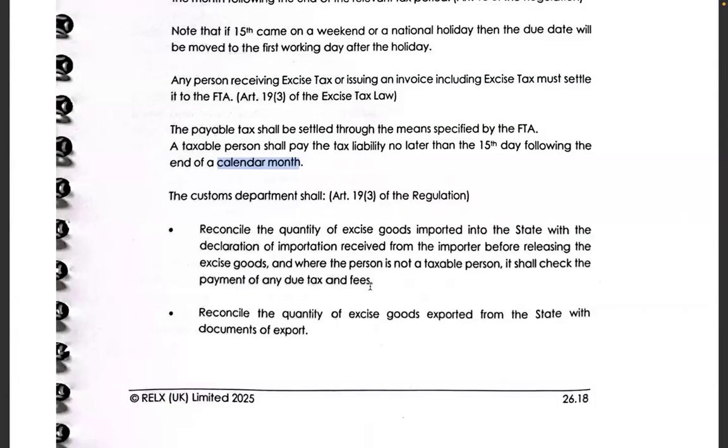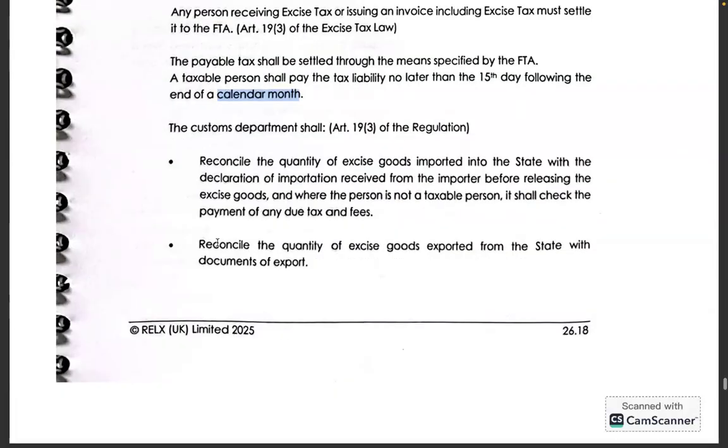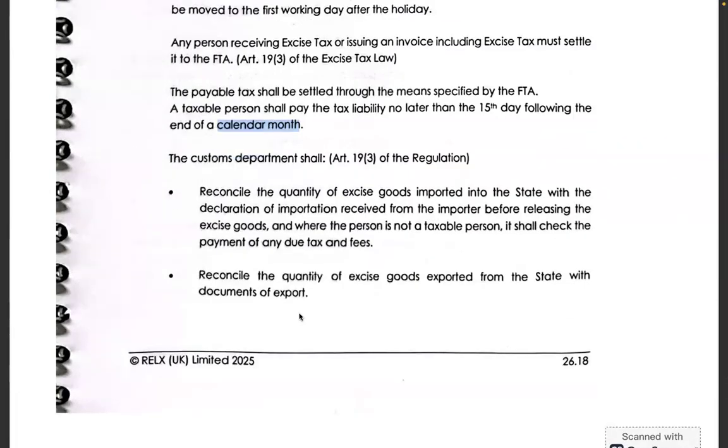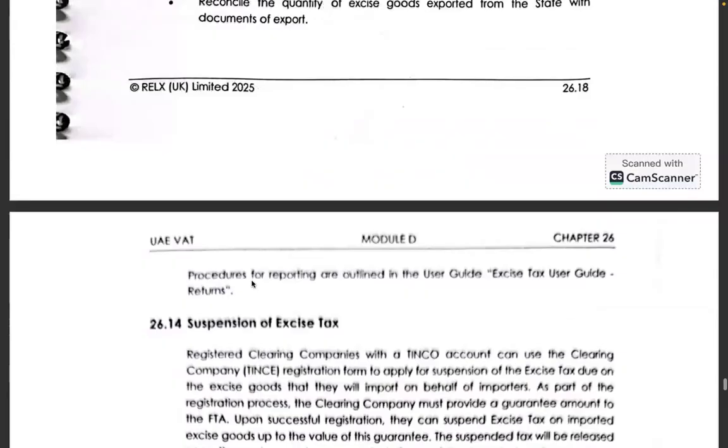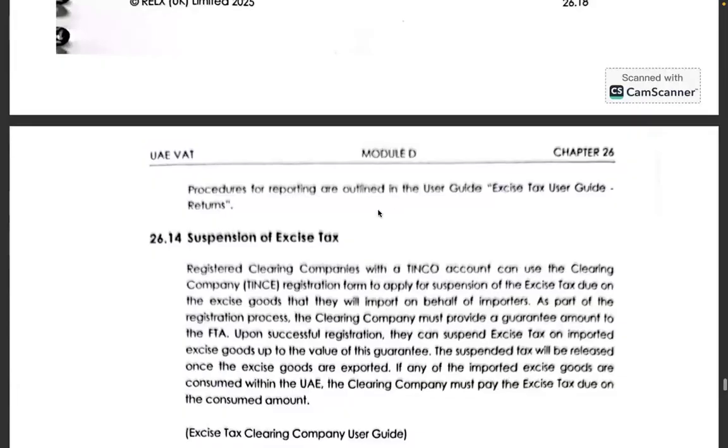It shall also reconcile the quantity of excise goods exported from the state with documents of export. So there are two things, imports as well as exports. The customs department will reconcile the quantity of goods imported and how much was exported. Procedures for reporting are outlined in the excise tax user guide for returns.